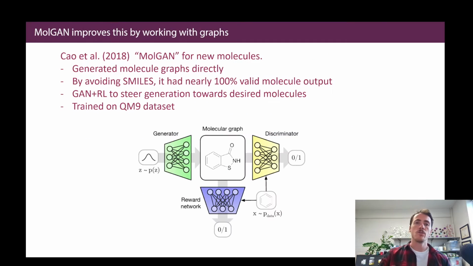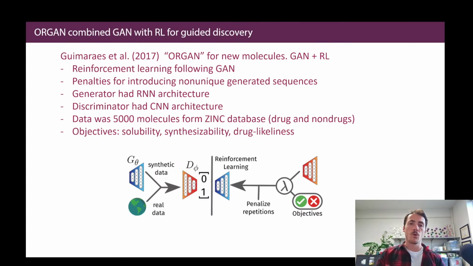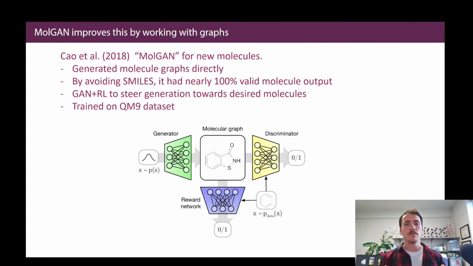Okay? So the next year, out comes MolGAN. MolGAN sort of built on the previous paper, this ORGAN paper. The main improvement that it did is that instead of using SMILES strings, it used a molecular graph as the input. So when you generate molecules with graphs directly, there's some benefits. For one thing, by avoiding SMILES, you can have a higher likelihood of generating a valid molecule output.